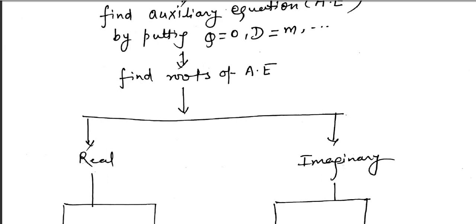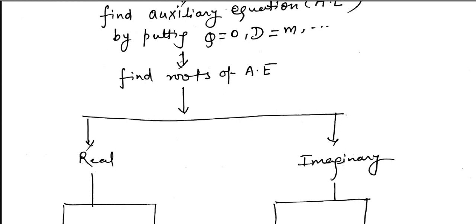Very simple. For example, suppose there is a differential equation of the form D square plus 2D plus 1 bracket y is equal to 0. Let us consider a differential equation in homogeneous form. Now what is CF?